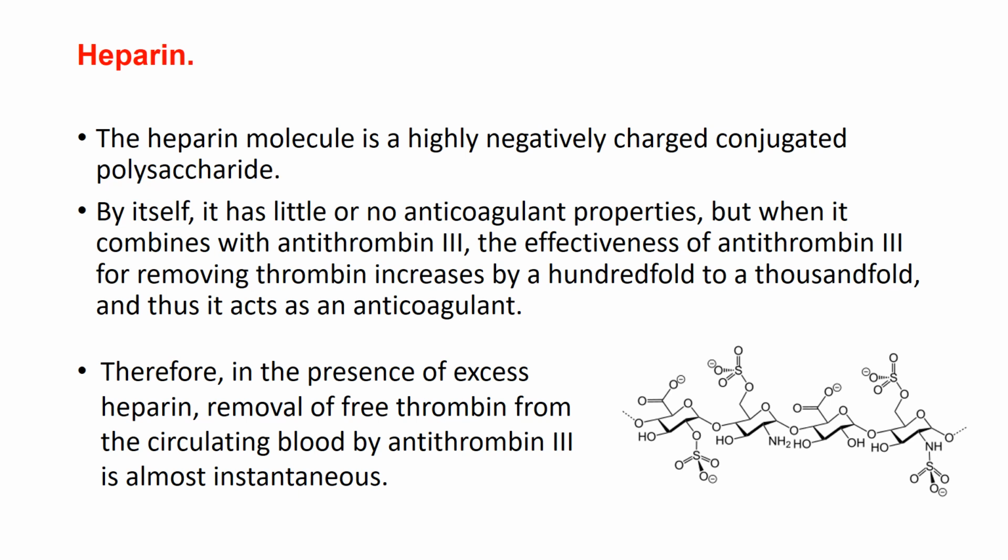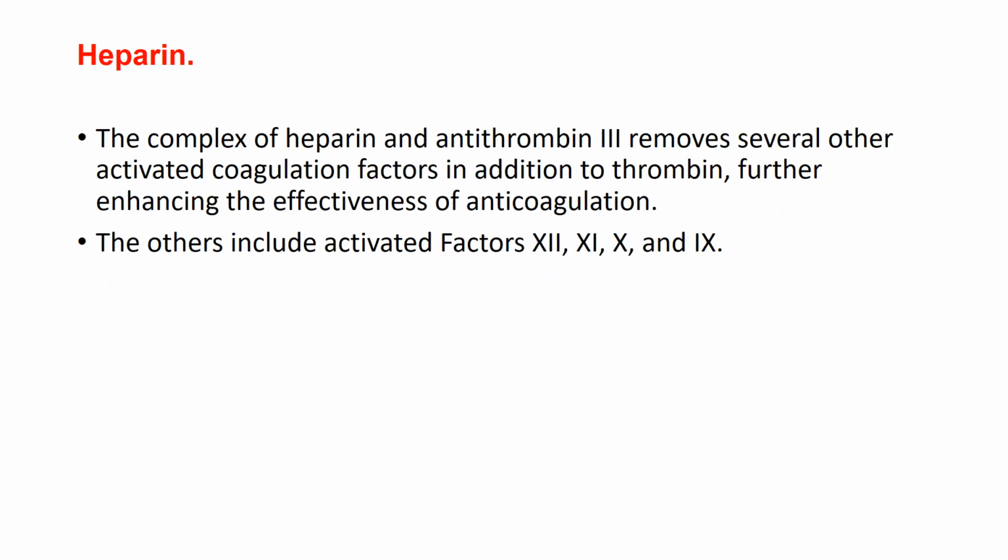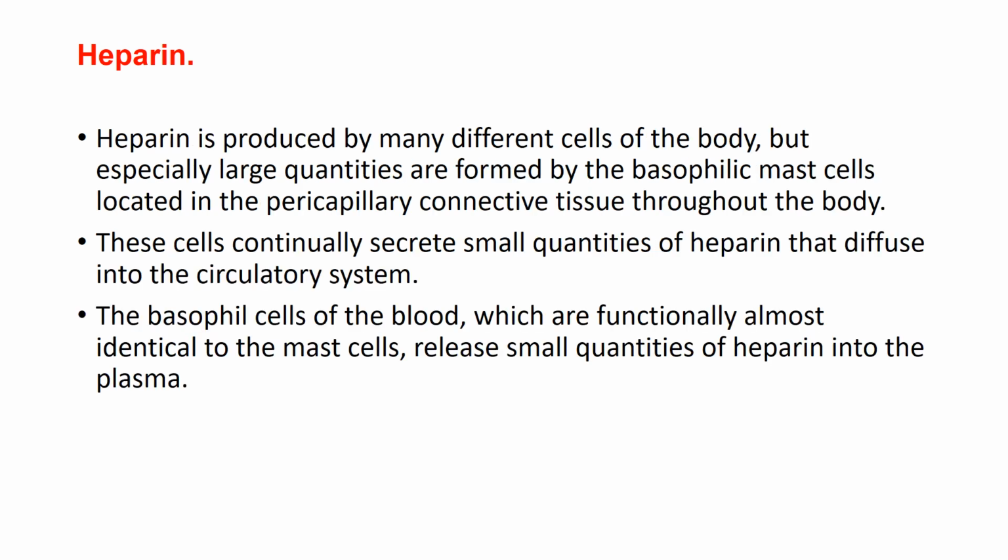Therefore, in the presence of excess heparin, removal of free thrombin from the circulating blood by antithrombin 3 is almost instantaneous. The complex of heparin and antithrombin 3 removes several other activated coagulation factors in addition to thrombin, further enhancing the effectiveness of anticoagulation. The others include activated factors 12, 11, 10, and 9.